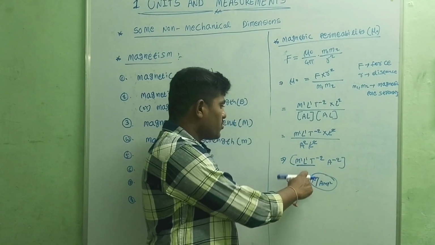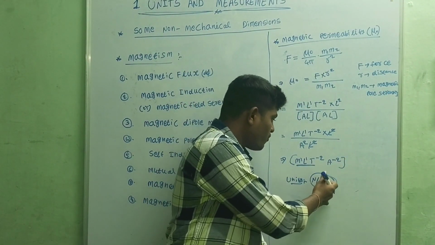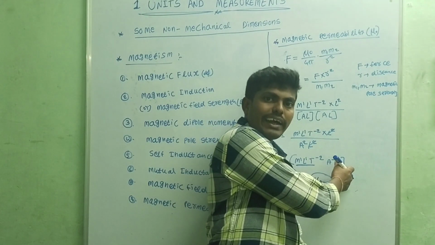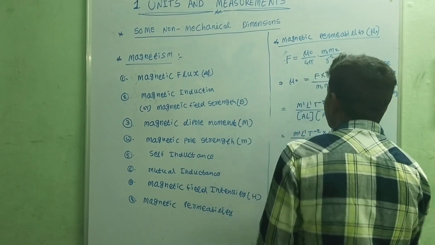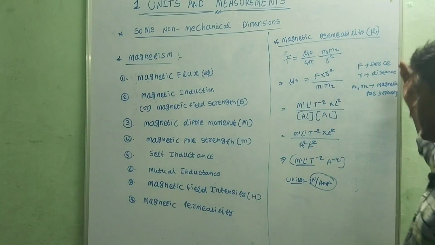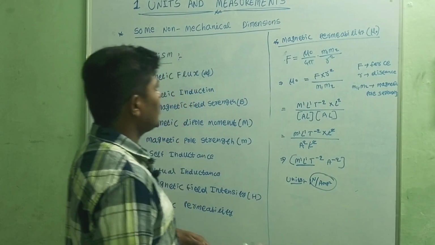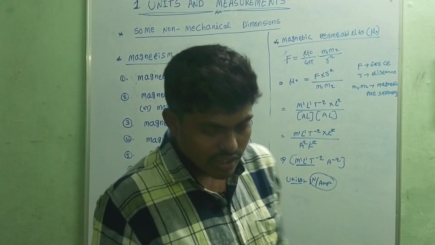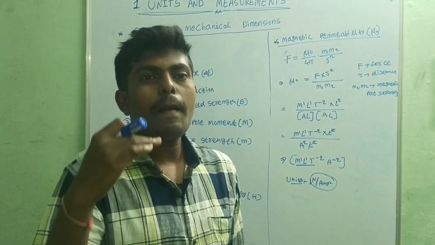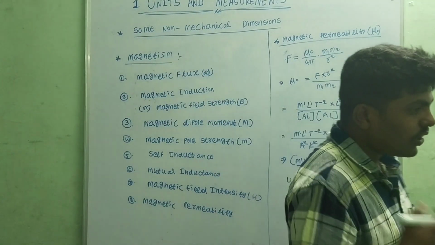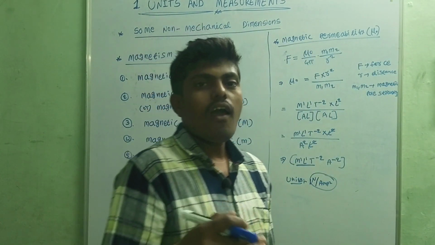The dimensional formula of Newton is M1 L1 T minus 2, per ampere square, so A minus 2. So these are the dimensions of some physical quantities in magnetism. Now we want to write the dimensions of physical quantities in optics.